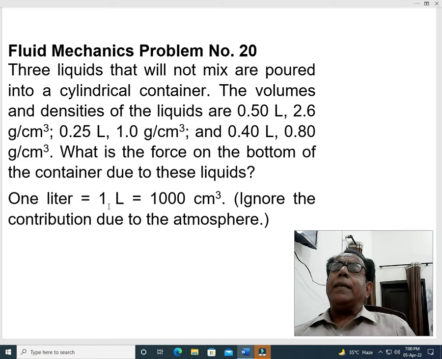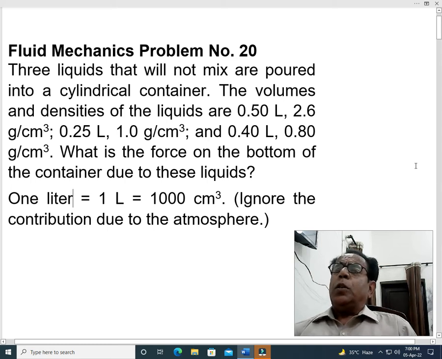Whether it is given or not, it does not make very much difference. However, it gives a direction that we have to convert liter into centimeter cube. Because from table of conversion factors we will see a lot of such conversion factors in which liter will be given in various other forms.